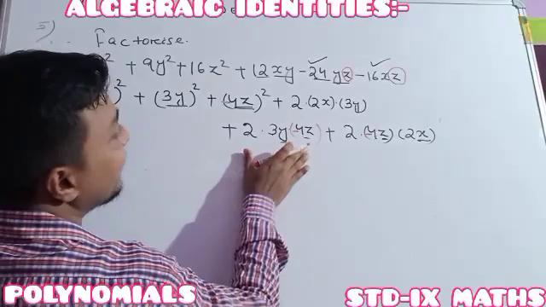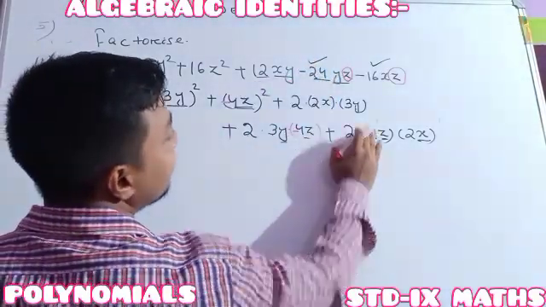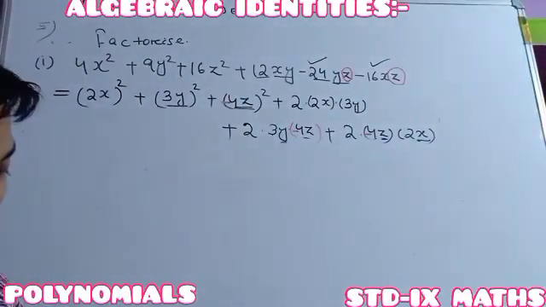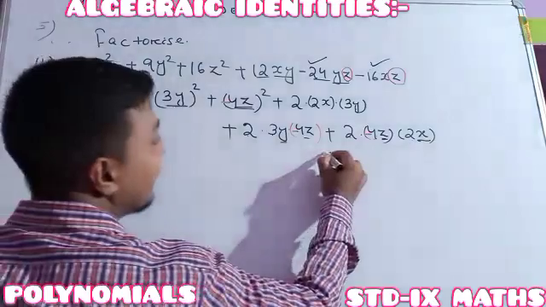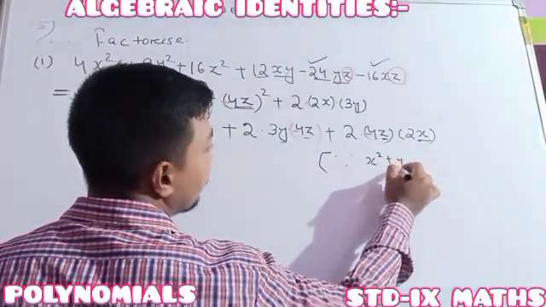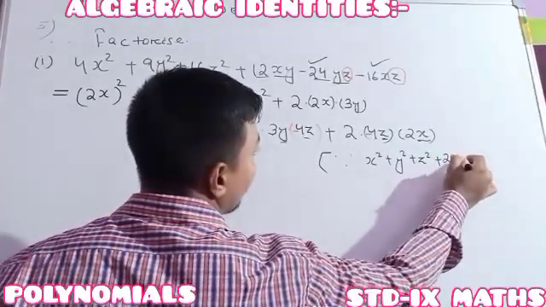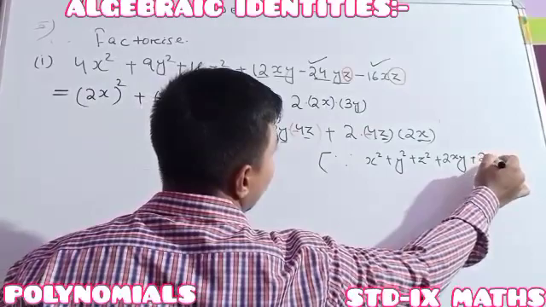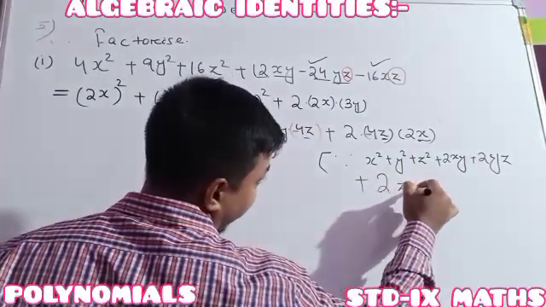Now this term is minus 24, here it is minus 24, here it is minus 16, that one is also minus 16. Ready? So on the right side, what you should have to write? x square plus y square plus z square plus 2xy plus 2yz plus 2zx.